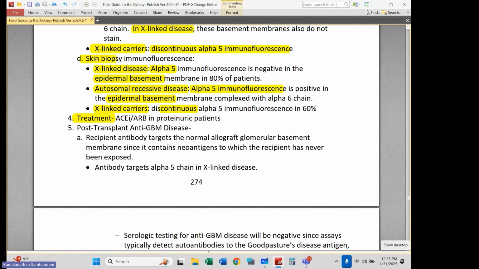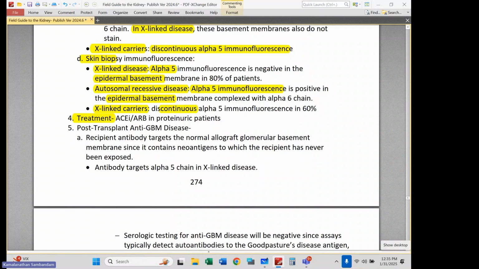And they found that many of these patients who have so-called kidney disease of uncertain significance, kids and adults, have a fairly common incidence of mutations in type 4 collagen, 3, 4, and 5. That group was one of the most common genetic abnormalities found in this cohort of kidney disease of uncertain significance.